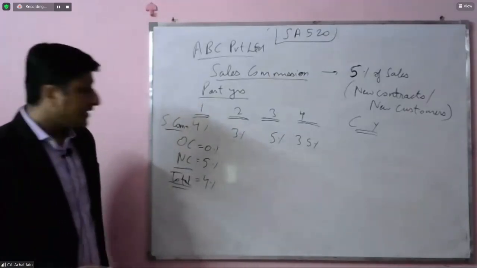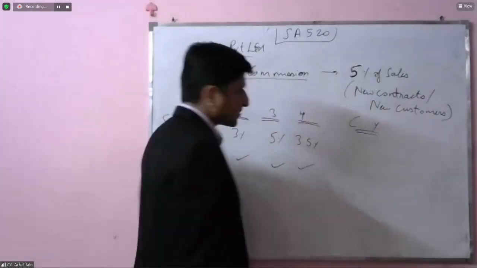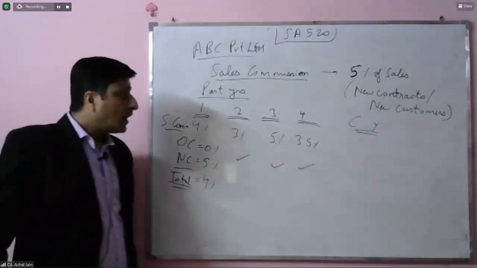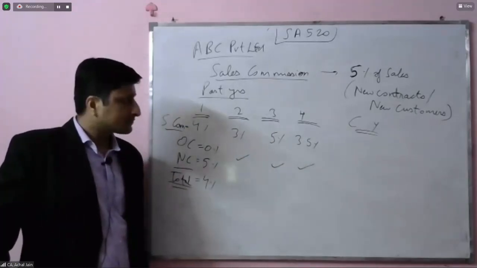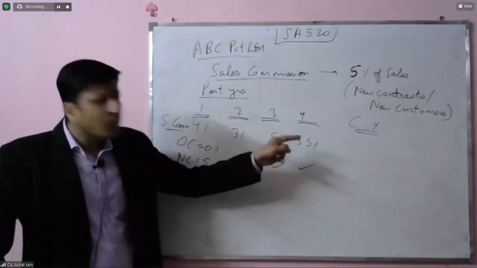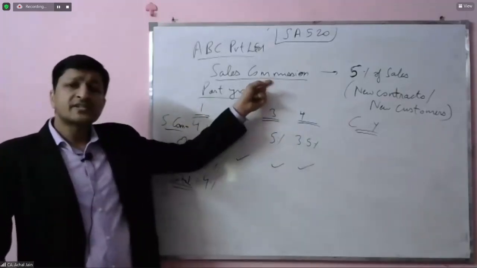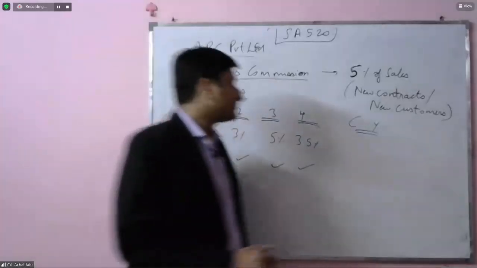Now, similarly, auditor would have checked this in all of these years. Now, let's understand how would this audit procedure help the auditor. When he would move to the current year, for the purposes of testing of sales commission, two options are available to him.